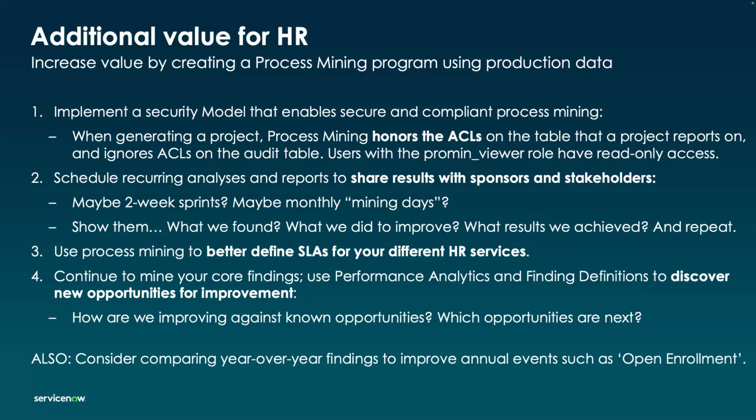So if your open enrollment is October, November, mine that data this October, get your baseline, and then next October, when your next open enrollment happens, look again, right? See, have we made improvements? Are we starting to see the same thing year over year? This is a great way of using process mining.